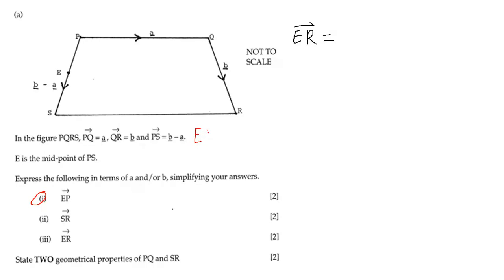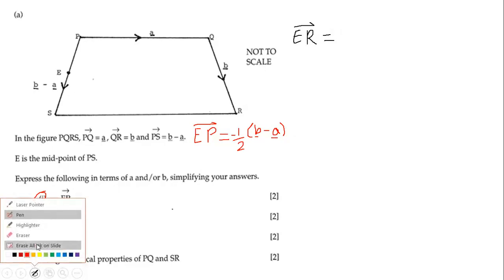We saw that the vector EP was equal to negative a half of b minus a.